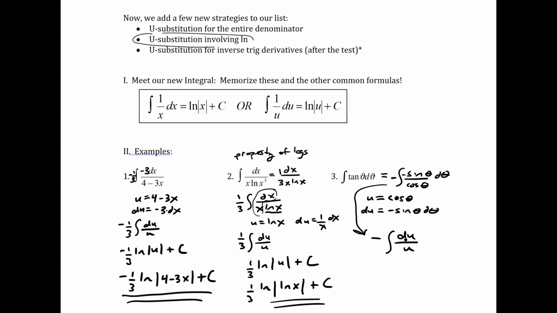The antiderivative of du over u is natural log of the absolute value of u plus c, and then you would back substitute to get negative natural log of the absolute value of cosine of theta plus c. So this right here is the antiderivative of tangent of theta.